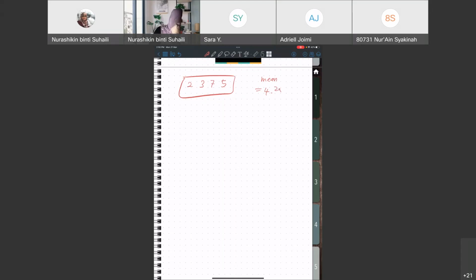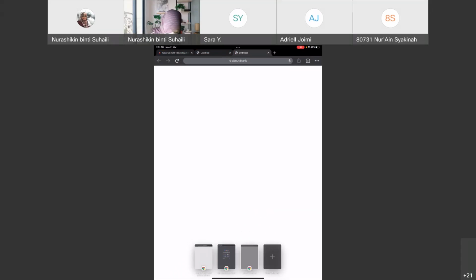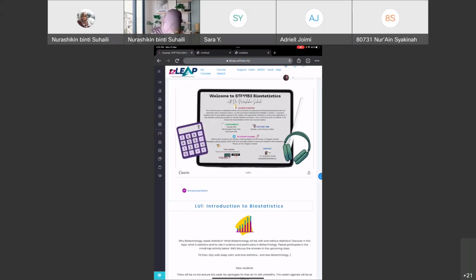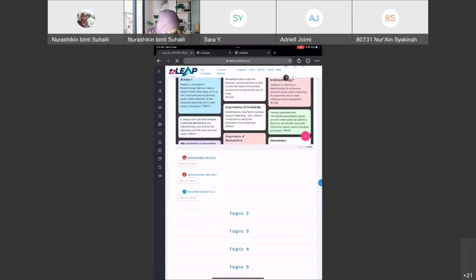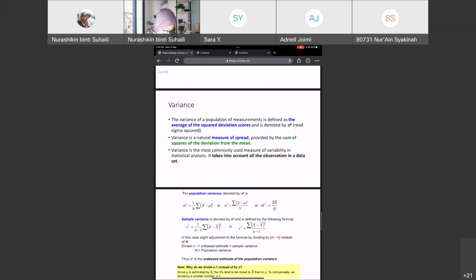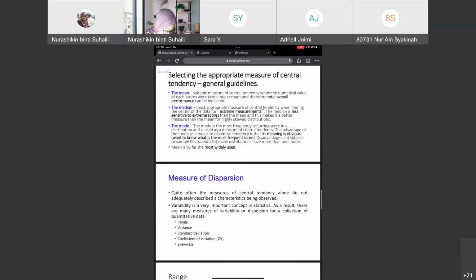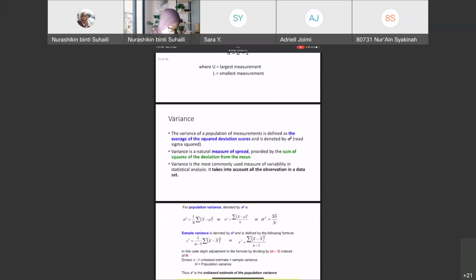Okay, 4.25. So if you look back at the definition of variance just now: the average of squared deviation scores. Deviation means deviation from the mean.